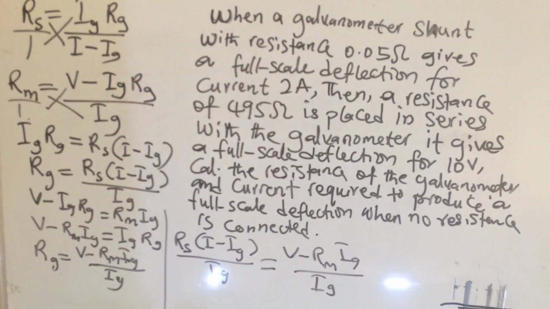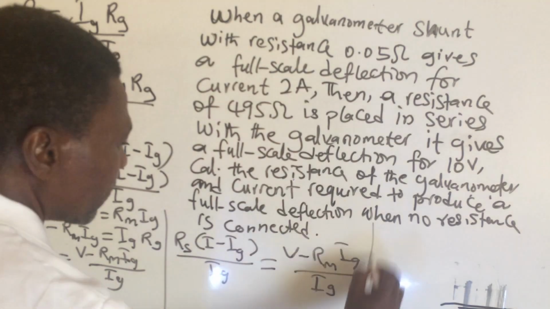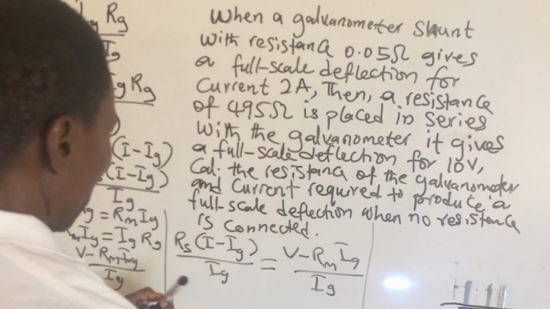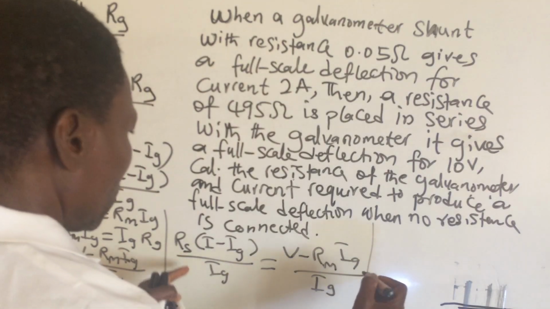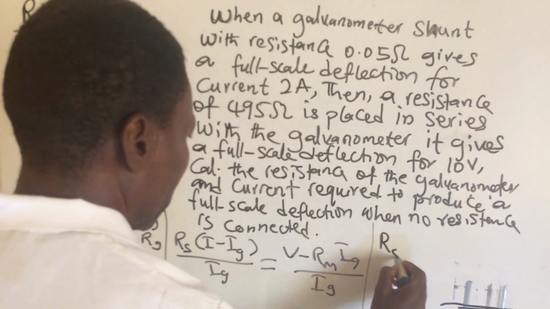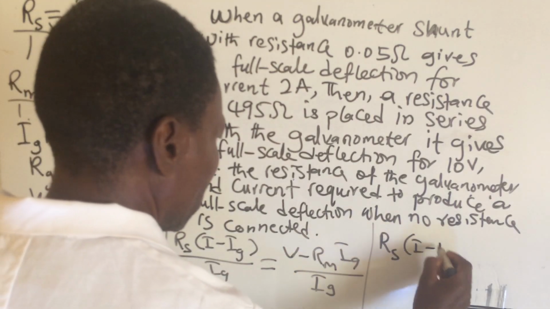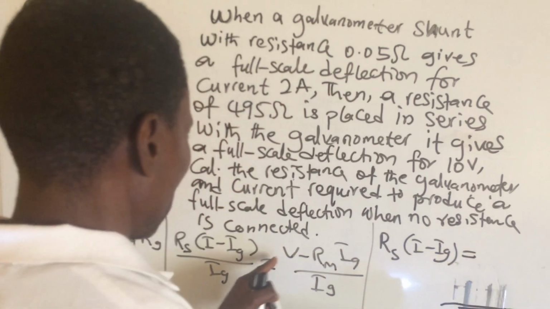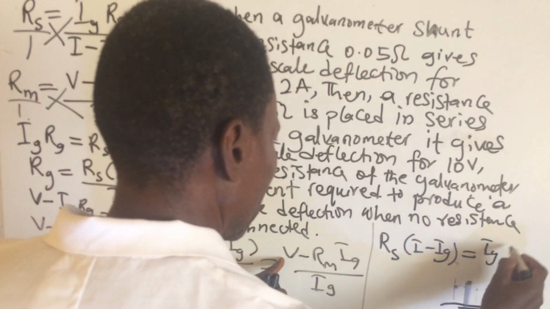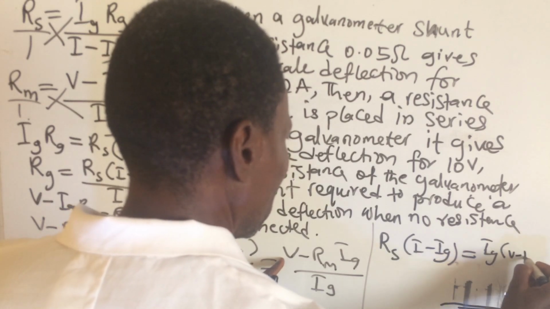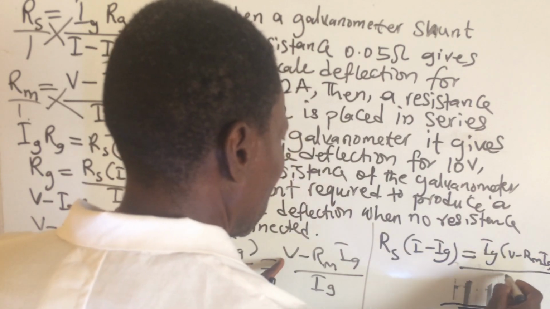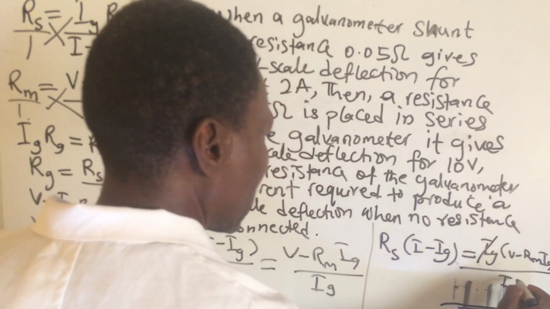Okay, we want to find the current. Now going further, we now have here Rs in bracket I minus Ig equals, bringing this one up here in bracket, V minus Rmig all over Ig, so that Ig here cancels Ig here.